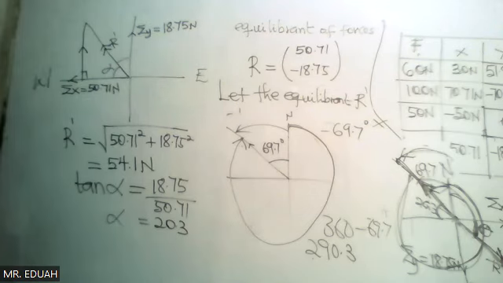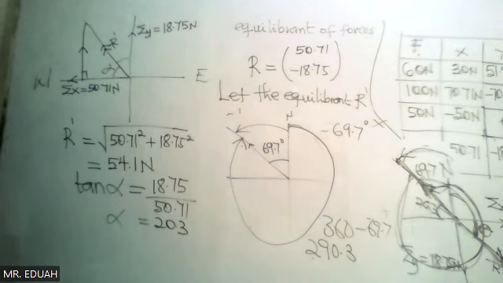Maybe answering this will help you get that. 2 forces, P of magnitude 4 Newton acting at 60 and Q of magnitude 2 acting at an angle of 225, act on a body. Find the magnitude and the direction of the third force that will keep the body in equilibrium.